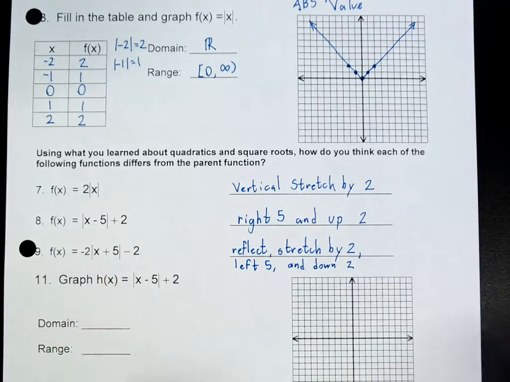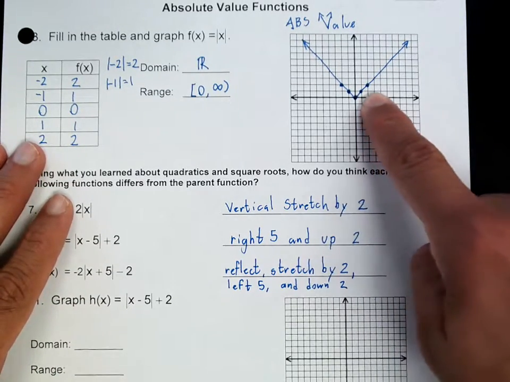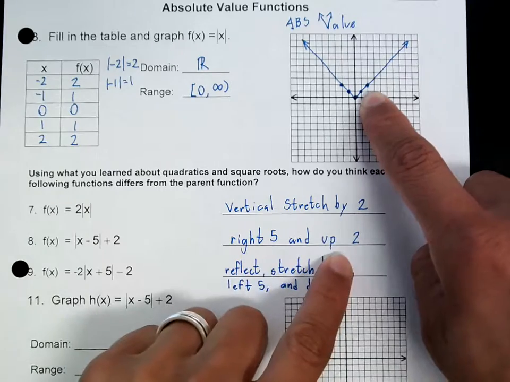Does that make sense? I kind of threw a lot of you here, but this is how that works. What all of this means, especially for the people who are not here, when I say reflect, stretch, left, down, is that I'm going to take this original graph, this parent function, and for this one, go right 5 and up 2.